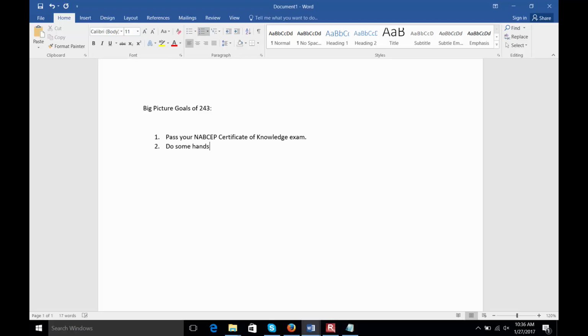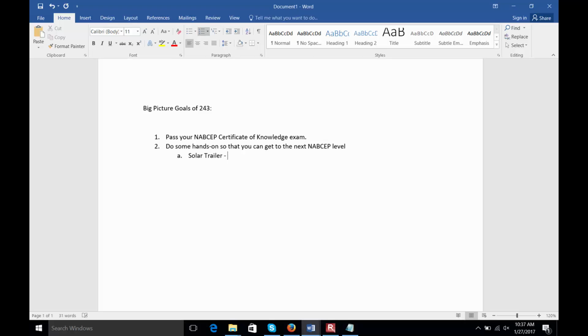Hands-on. So that you can get to the next NABCEP level. And there are a number of NABCEP levels, installer, etc. And to do this, we've got the solar trailer.